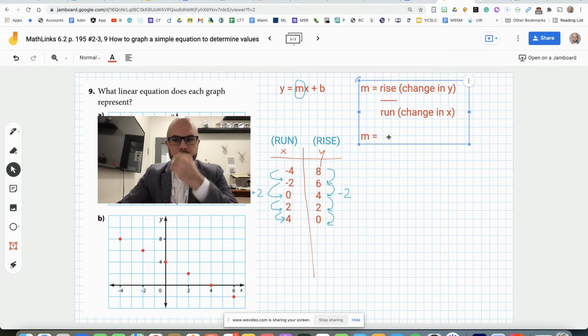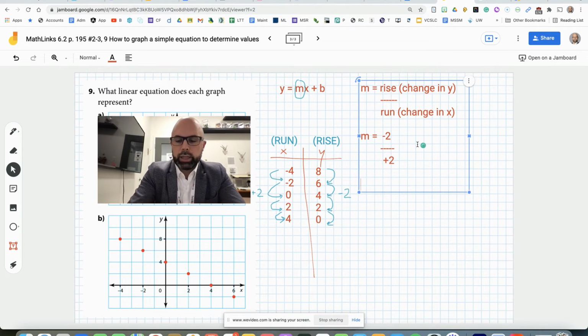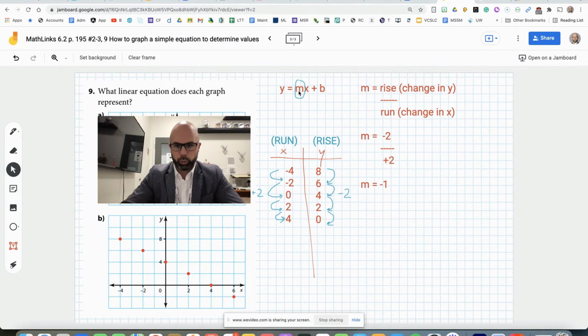All right, so to go back to m here, the change in y is -2. Remember, we found that down here. Over the run, which is +2. I'll put a plus sign even though I don't have to. So m equals -1. -2 divided by +2 is -1. So we're going to put -1 in the place of m.